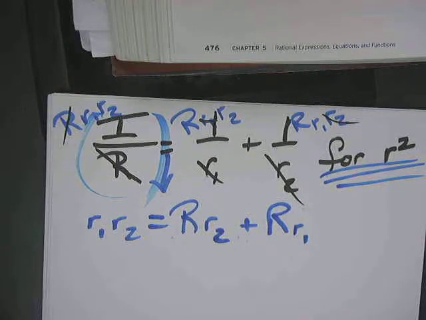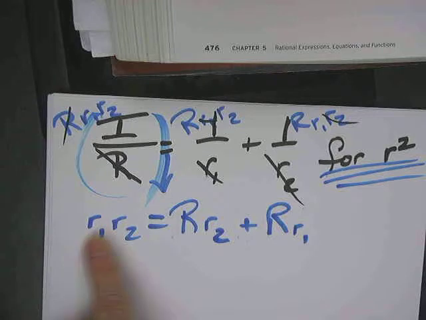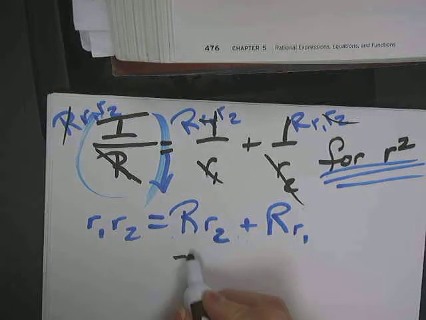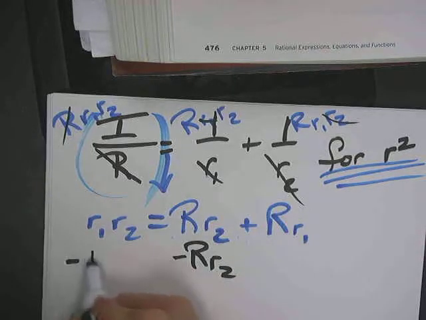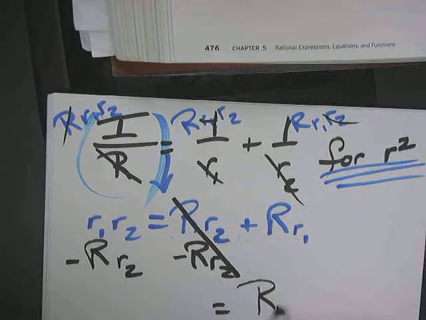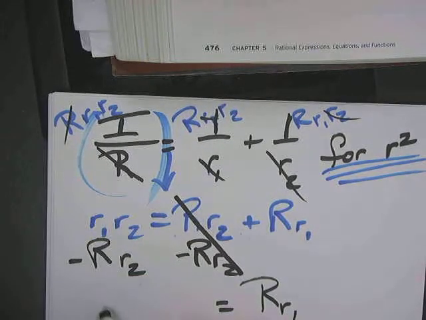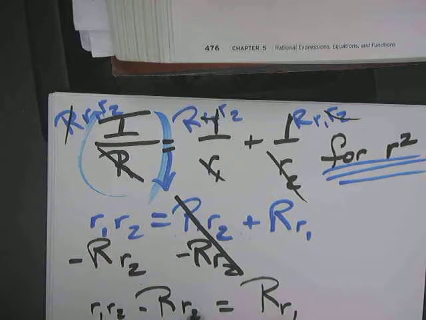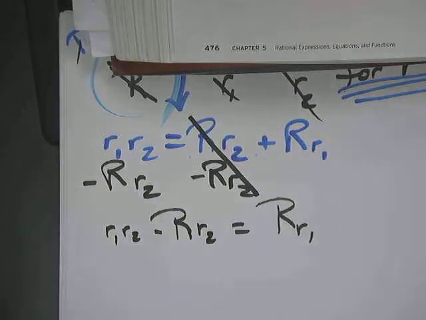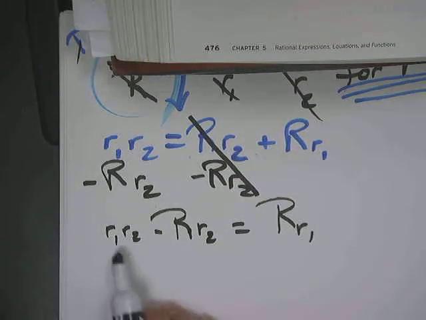Okay, we're solving for R2. That means we want R2 all on one side. How do we get R2 all on one side? Well, it's over here. We could bring this one over, right? How do you bring this one over? Subtract it from both sides. So we have R1, R2 minus capital R, R2.